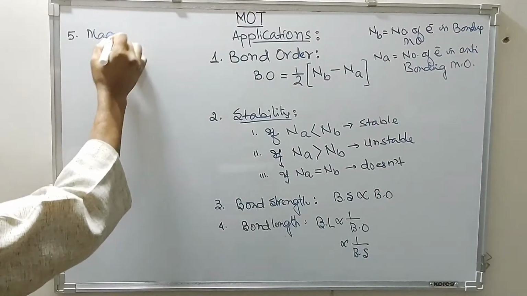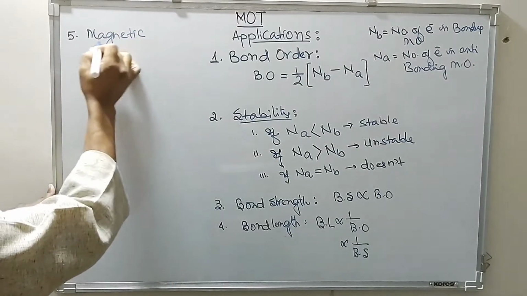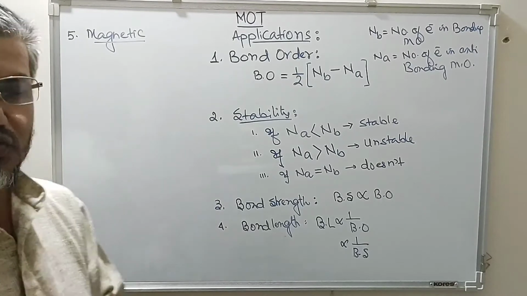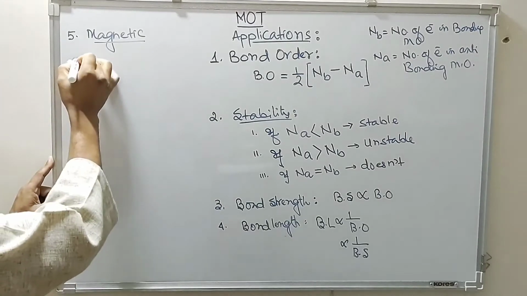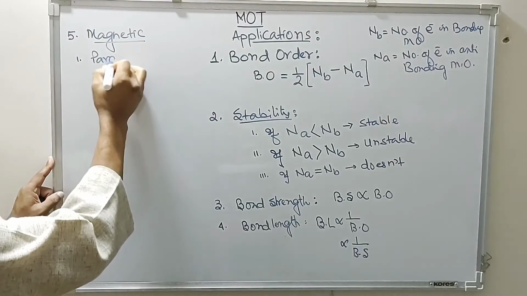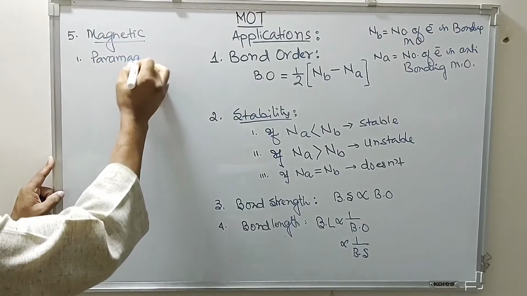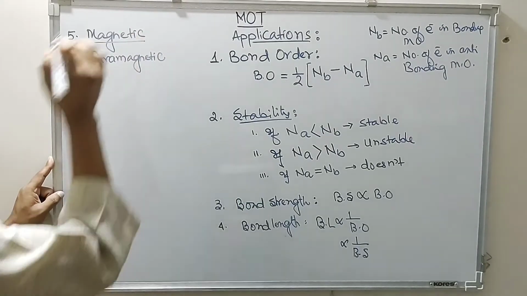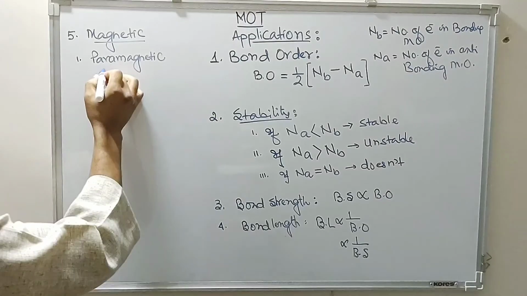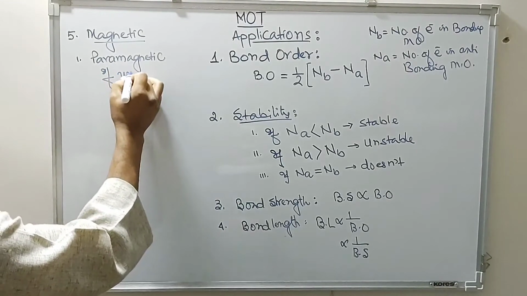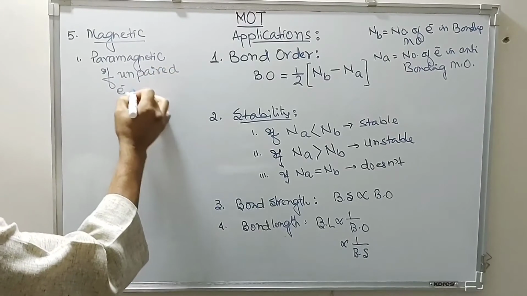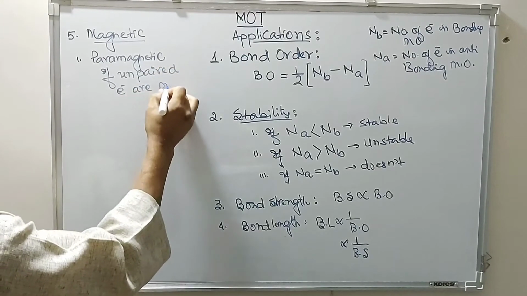magnetic property. Whether the given molecule will show magnetic property or not. The given molecule will show paramagnetic if unpaired electrons are present.